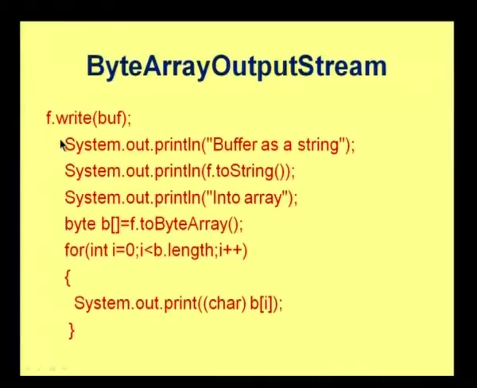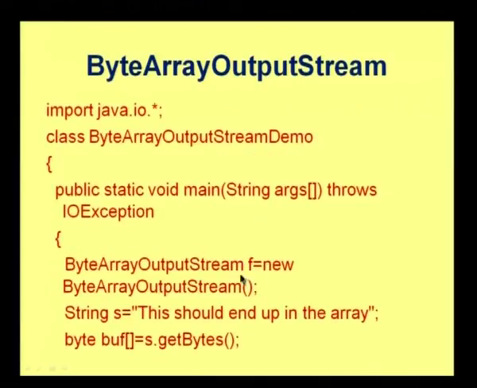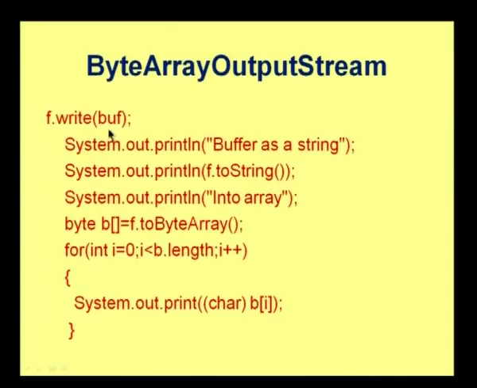Now in that particular output stream, I am writing the value that is available in this byte array. Now I am converting that into a string and then displaying it to the user, because we have converted that into the form of bytes. So this is in a byte array.